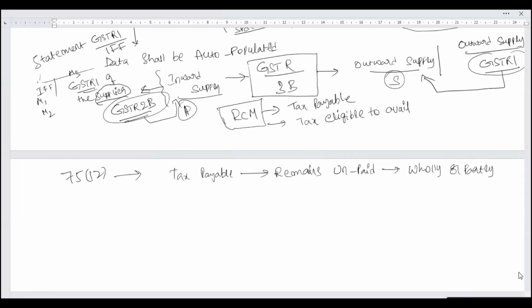So here government said that, look, you did your self-assessment, right? So there is a statement called GSTR1. There is a return called GSTR3B.